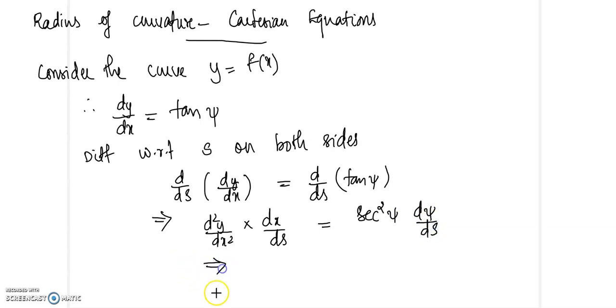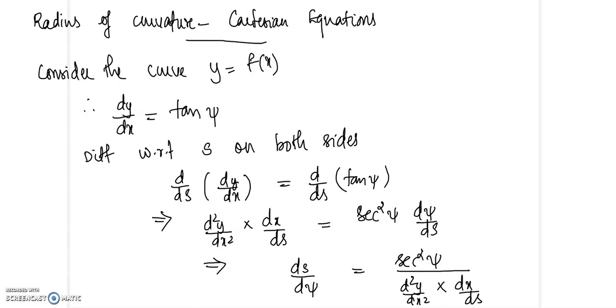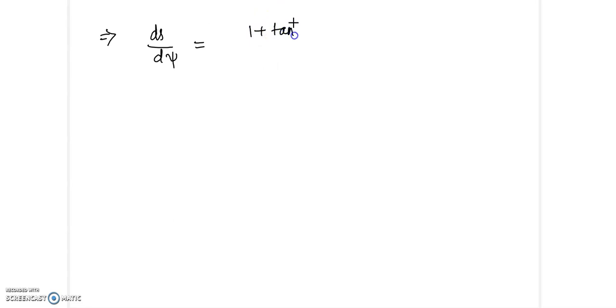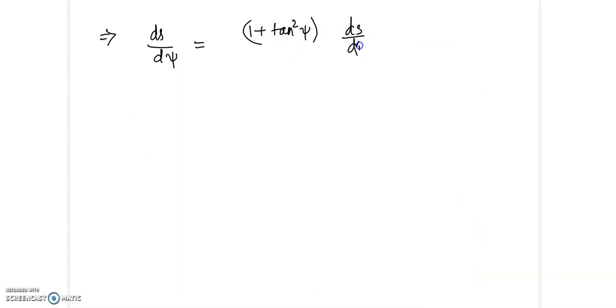Now from this equation we will get ds by d psi equal to sec square psi by d square y by dx square into dx by ds, and this can be written as ds by d psi equal to, now sec square psi can be written as 1 plus tan square psi, into 1 by dx by ds, I can write as ds by dx, denominator d square y by dx square.